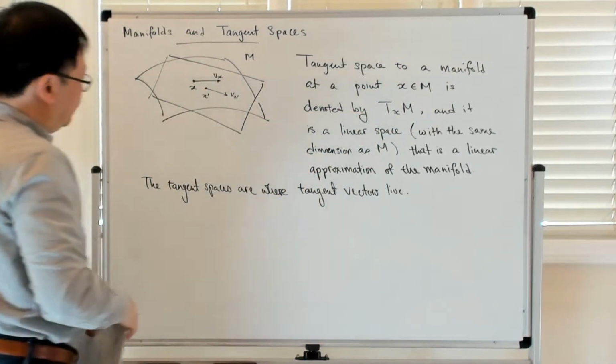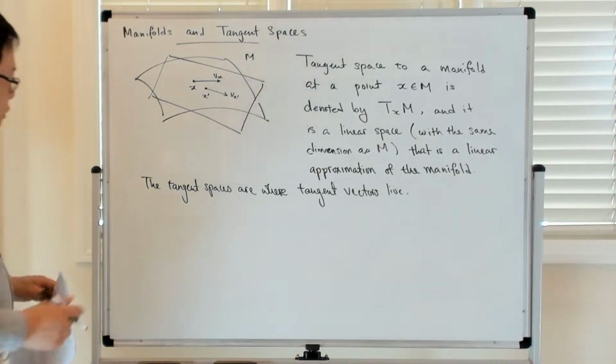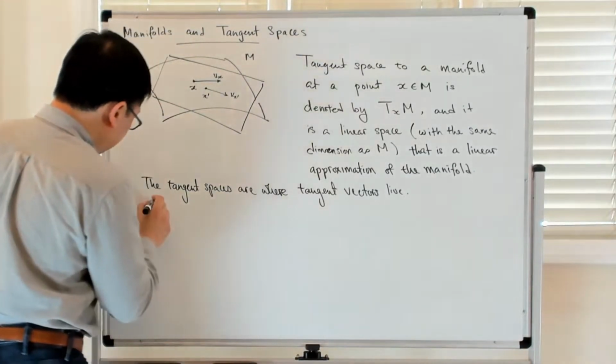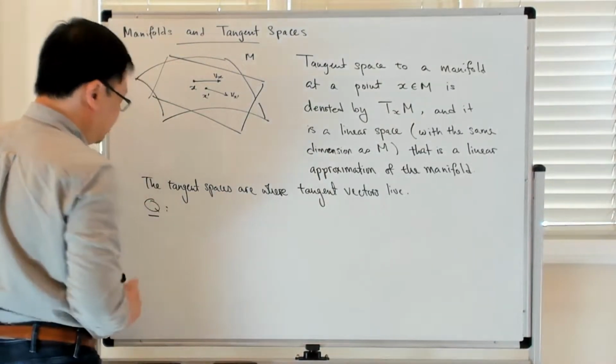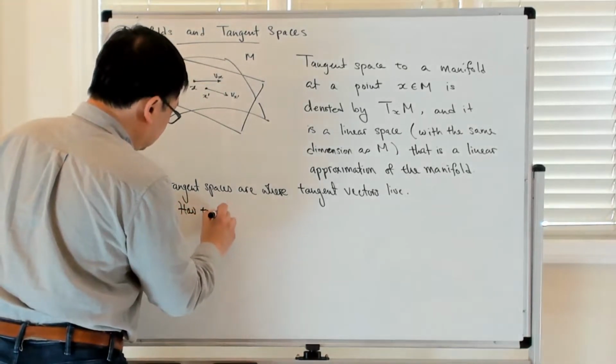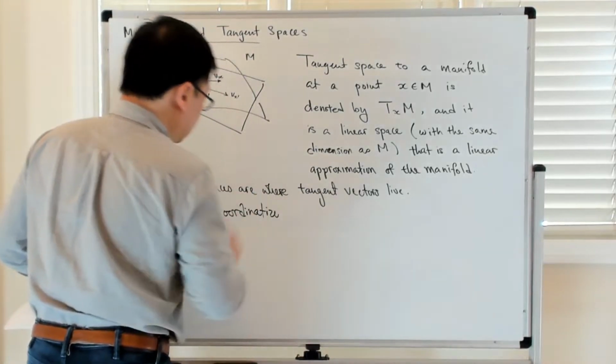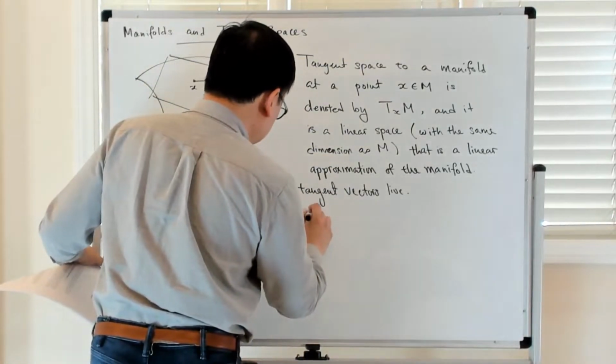So one of the things you would want to ask is how do you go about coordinatizing the tangent space, right? So one question which immediately comes to mind is how to coordinatize the tangent space.